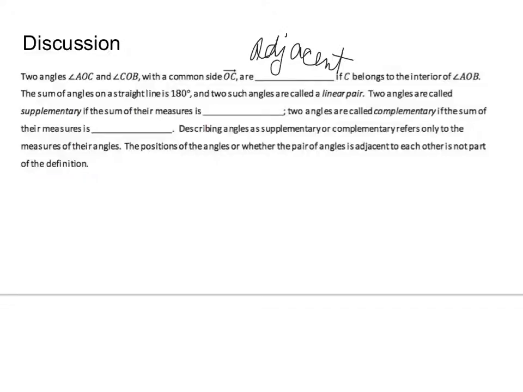Give me a second. The sum of angles on a straight line is 180 degrees. There's a straight line. It's going to give you 2 random angles. Okay, this is called a linear pair.